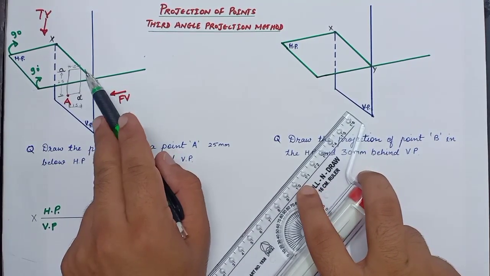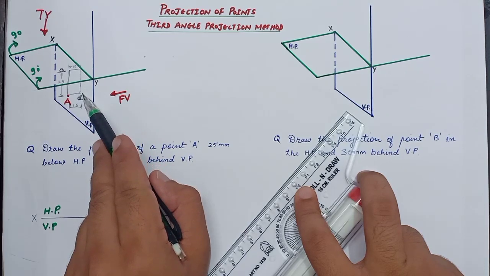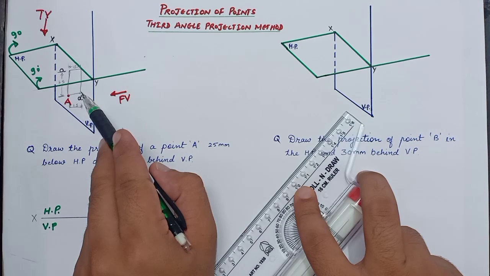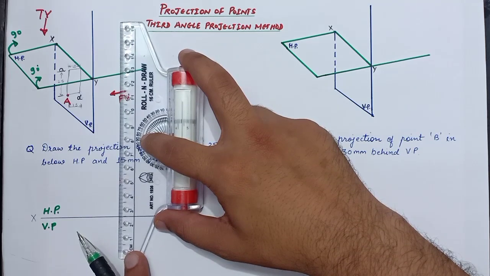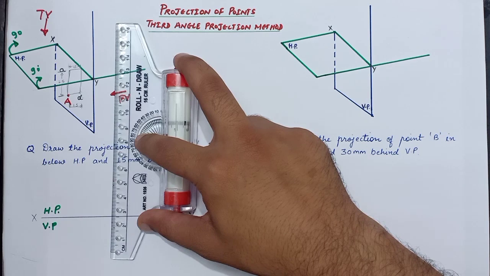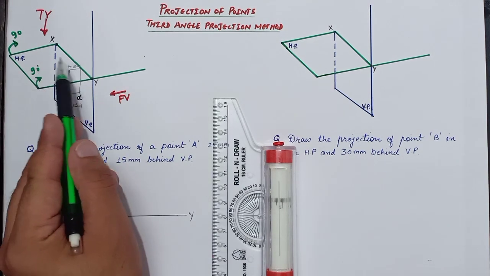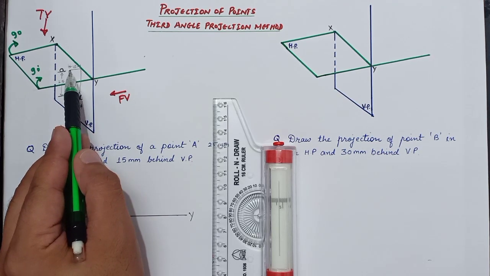Now here we can see, measuring from reference line XY below horizontal plane, we get a point A dash, that is 25 mm below XY line, that is below HP. So we will mark a distance 25 mm below XY line, A dash. And on the horizontal plane we see a distance of 15 mm away from XY line, that is 15 mm behind VP.